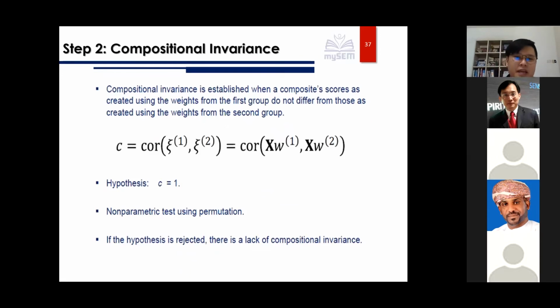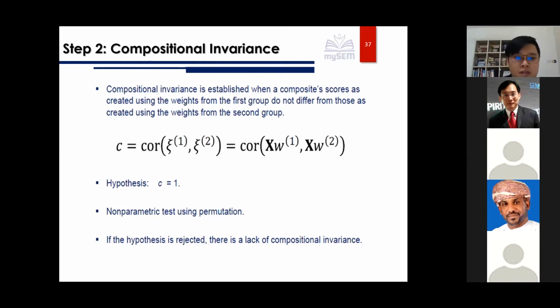The second step is about looking into compositional invariance. Compositional invariance is established when the composite score, which comes from the latent variable score when you run your PLS algorithm, as created by the weights from the first group, does not differ from those created by the weights of the second group.